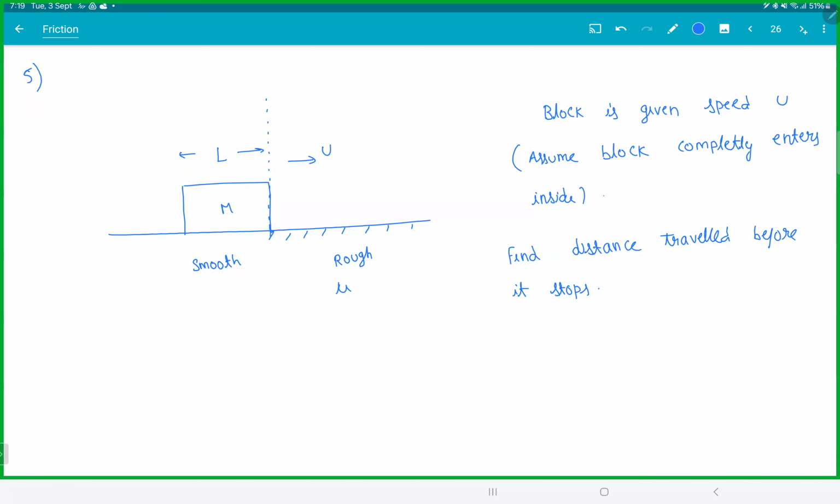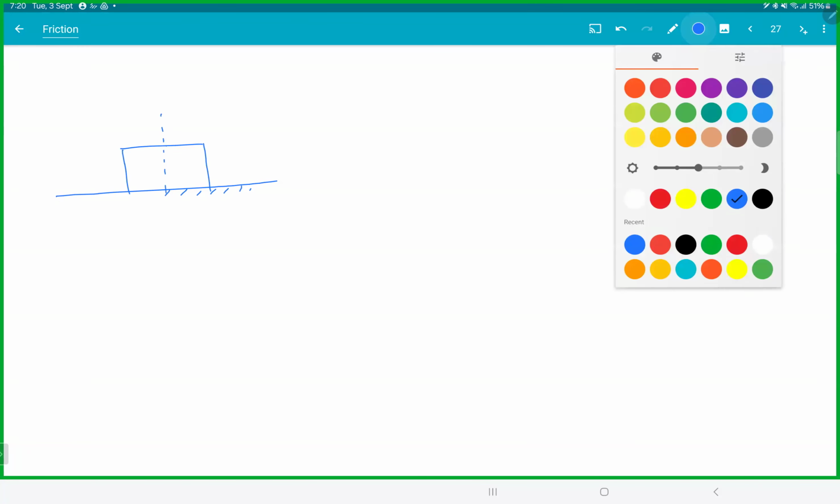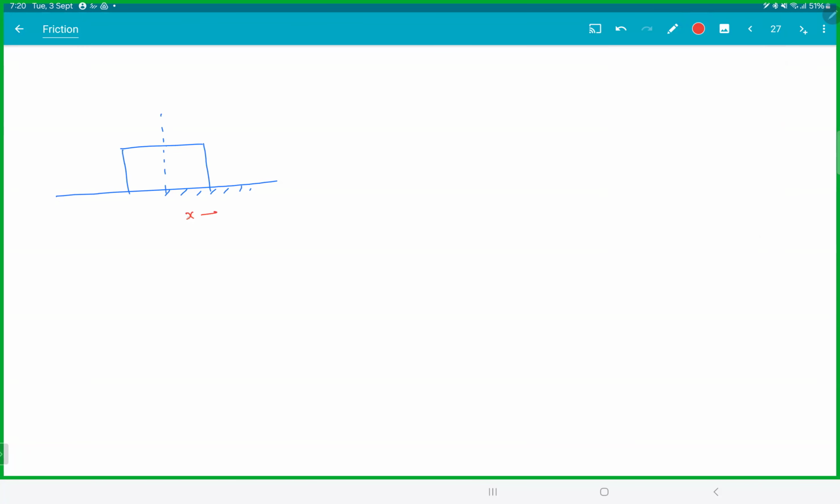This is a good one. What's the catch? When the block is entering, this is the scenario. Let's say some part of the block, X, is inside.